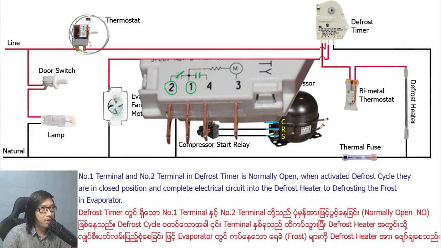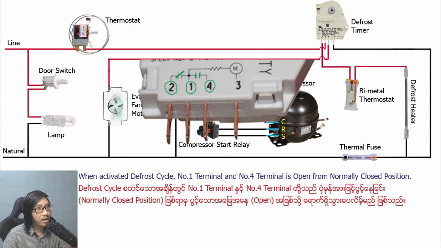Number 1 terminal and number 2 terminal in the defrost timer are normally open. When the defrost cycle is activated, they are in closed position and complete the electrical circuit to the defrost heater to defrost the frost in the evaporator. When the defrost cycle is activated, number 1 terminal and number 4 terminal open from the normally closed position.